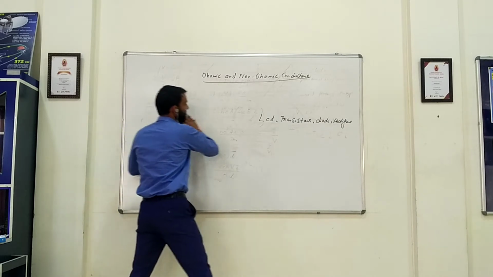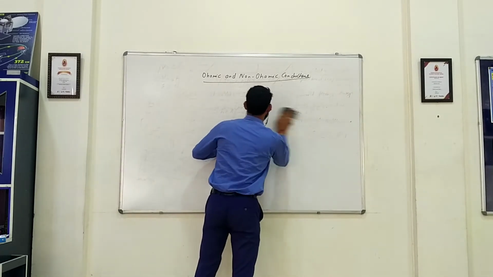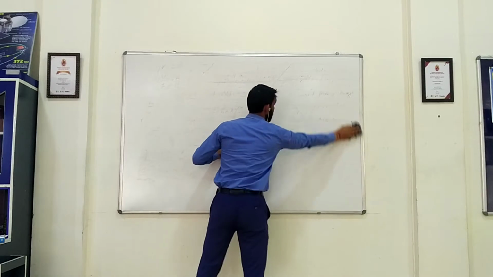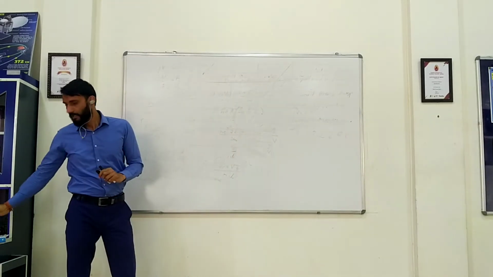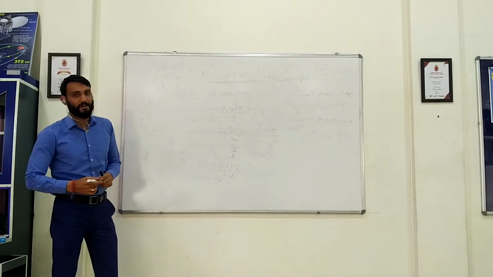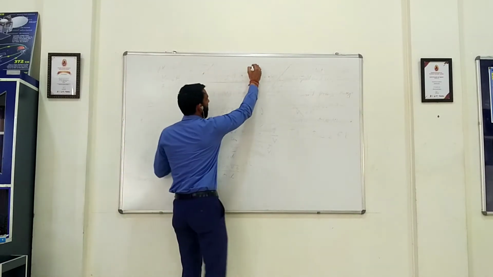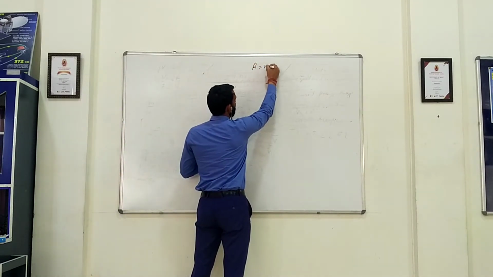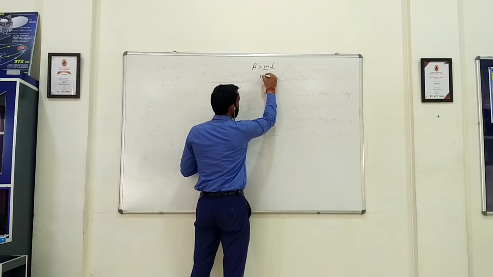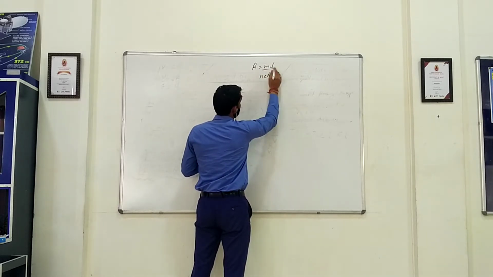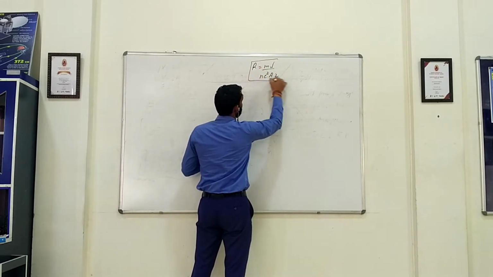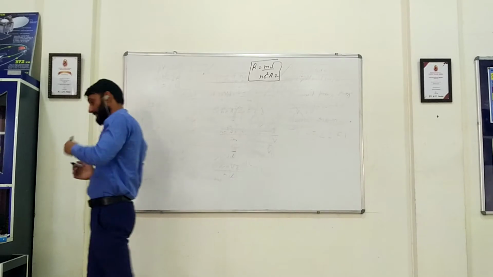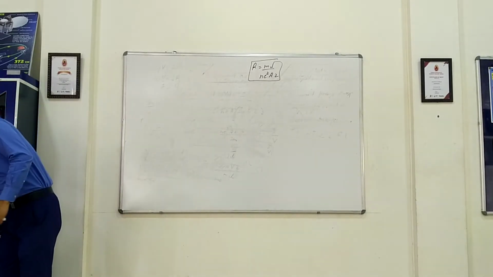Now in the previous class we discussed resistance. Let us understand, and also if you remember we did this formula R is equal to m l upon n e square A tau.